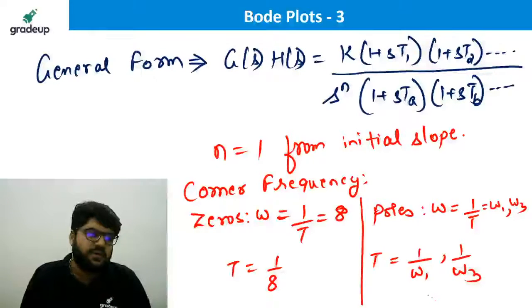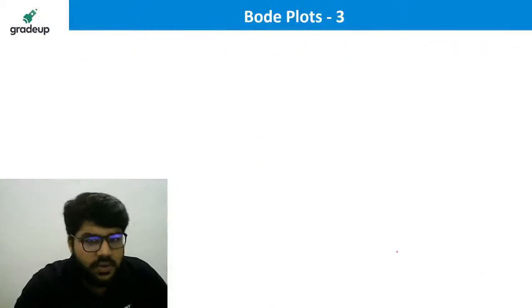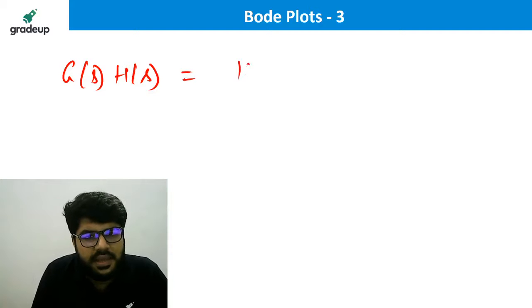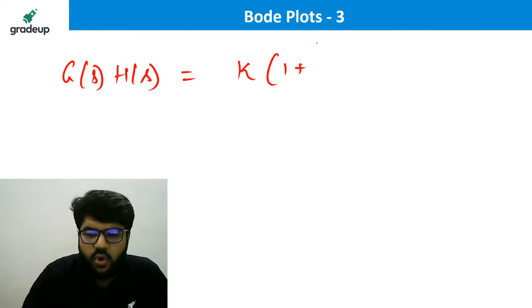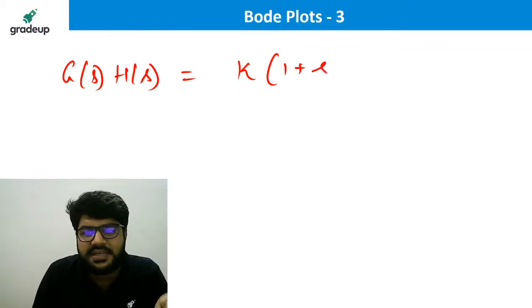There will be two simple poles coming up. Step by step I am explaining, only by this knowledge, G(s)H(s) should be K into, only one zero is there, at t equal to 1 by 8, so 1 plus s by 8.